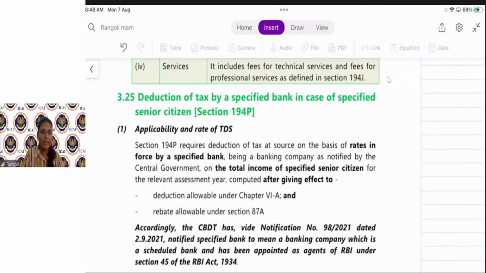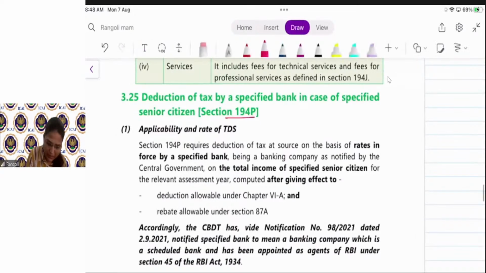Yeah. So next is section 194P, that is deduction of tax by a specified bank in case of specified senior citizen. Now, my dear friend, for you, the meaning of senior citizen is a person whose age is more than 60 years in the previous year, as per income tax, that is financial year, right?